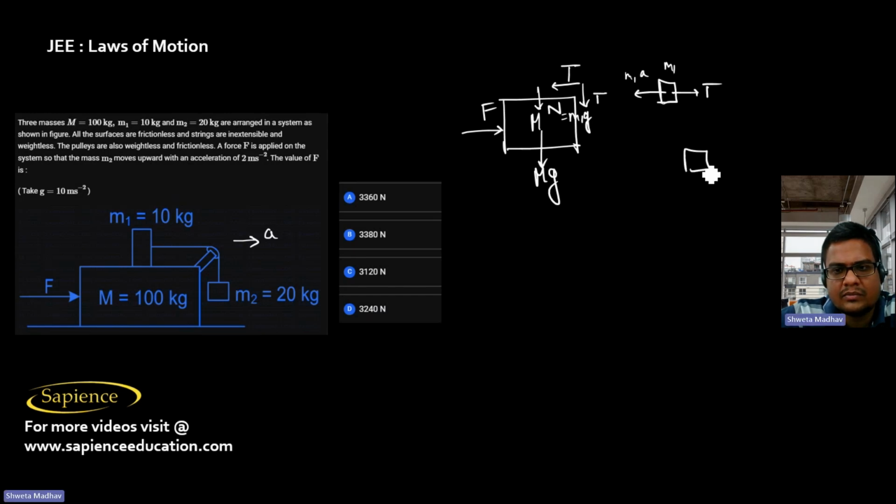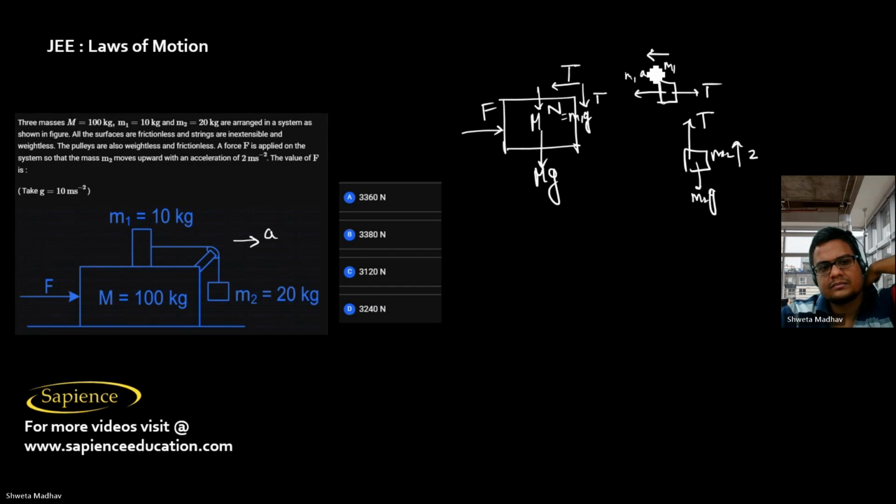Now for M2, M2g is acting vertically downwards and tension force is acting upwards, and it is going upwards with an acceleration a, which is 2 meters per second square. It means that M1 will also move towards the left with an acceleration of 2 meters per second square.